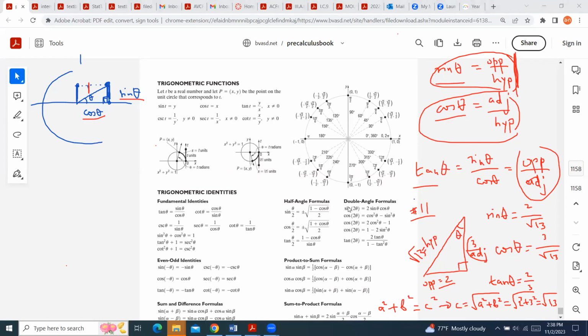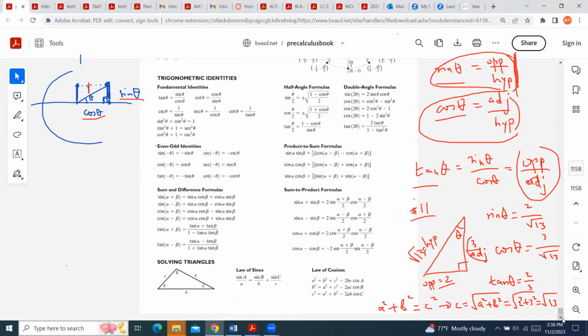Actually, I don't see it at all. Okay, that's frustrating. Well, I see the formulas for the last part of our class, and that's a nice one. That's something we're going to see next week. But I don't see this opposite over adjacent and so forth. That's disappointing. So I would say that we should have these formulas available just in case.